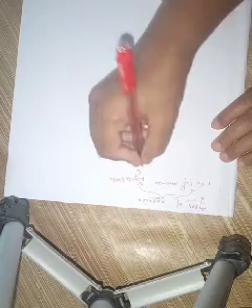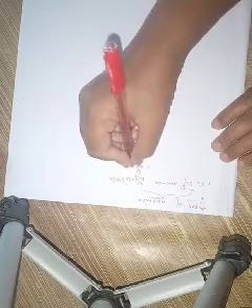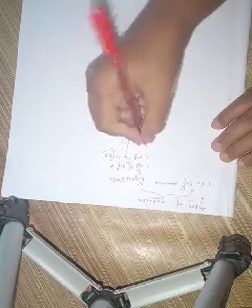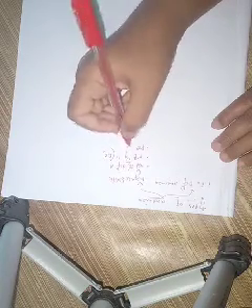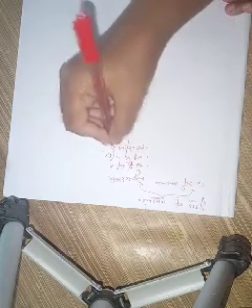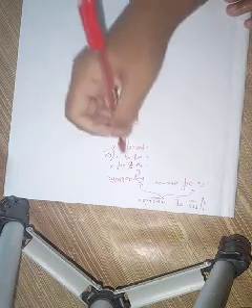Here you can say vitamin B12 deficiency anemia, or vitamin B9 deficiency anemia, which is also known as folic acid deficiency anemia, or pernicious anemia. So we have folic acid deficiency anemia, vitamin B12 deficiency anemia, and pernicious anemia.